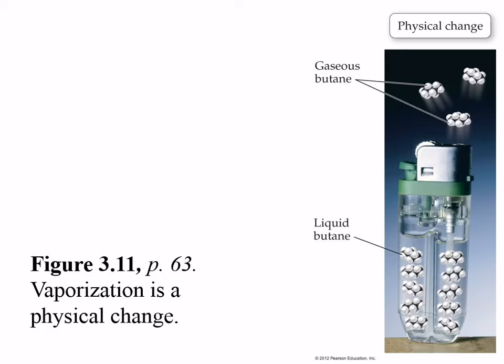So here's our butane lighter, and the formula for butane is C4H10. C4H10, so the carbons are black. Okay, and by the way, butane under normal atmospheric pressures and temperatures wants to be a gas.